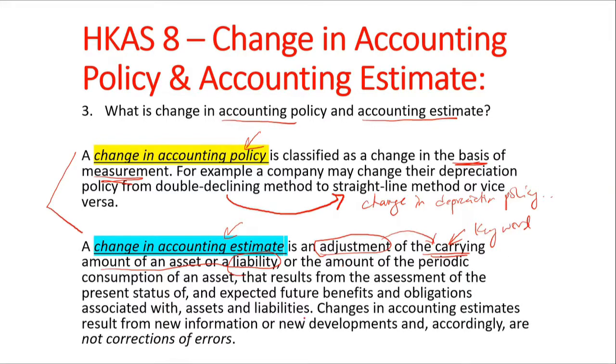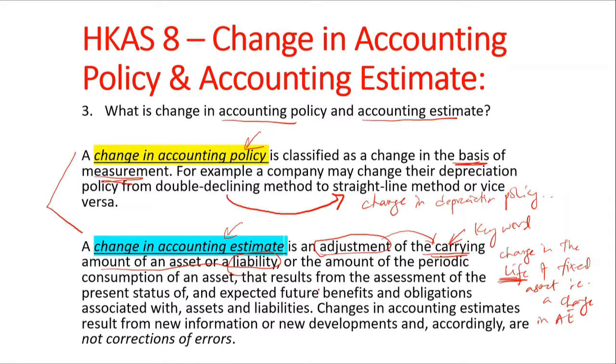So for example, change in the life of fixed asset, that is a change in accounting estimate, because a change in the life of fixed asset changes the carrying value of the company's asset on the balance sheet.